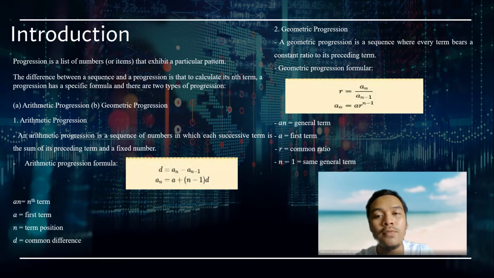The geometric progression formula is r equals An divided by An minus 1, and An equals a r power of n minus 1. Where An is the general term, a is the first term, r is the common ratio, and n minus 1 is the power.